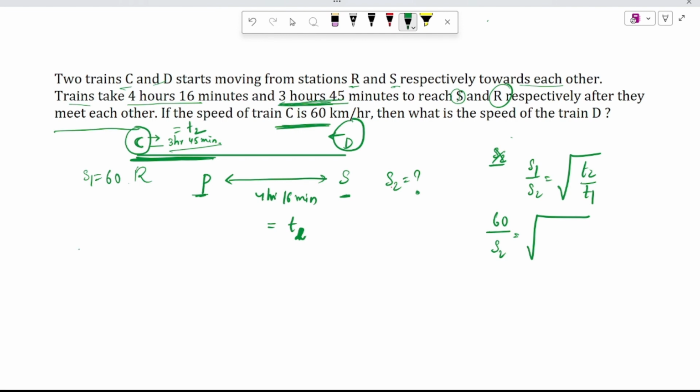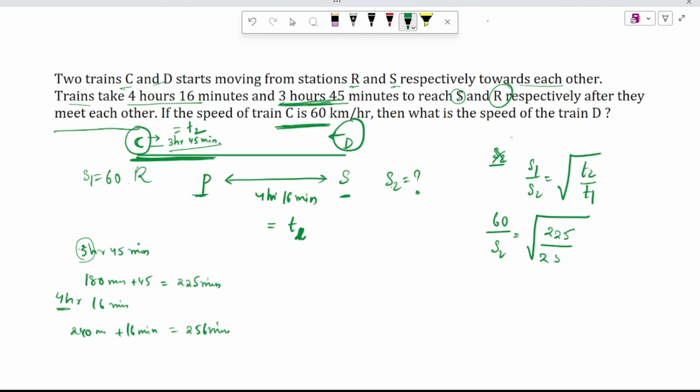Let us convert the total time 3 hours 45 minutes into minutes. 3 hours means 180 minutes plus 45, which is equal to 225 minutes. So T2 is 225 minutes, and T1 is 4 hours 16 minutes. 4 hours means 240 minutes plus 16 minutes, which is 256 minutes.